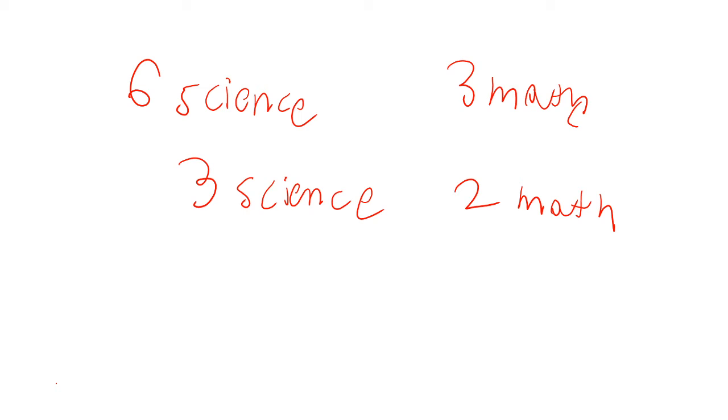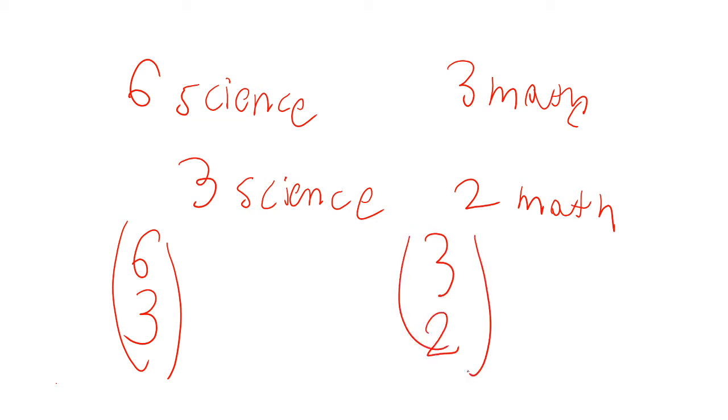So over here, when we're choosing our science people, we have 6 people to choose from, and this is just 6 choose 3. Right? This is just 6 choose 3. And there's 3 people in the math club. We want to choose 2, so this is just 3 choose 2 for the math. And we can just compute this.